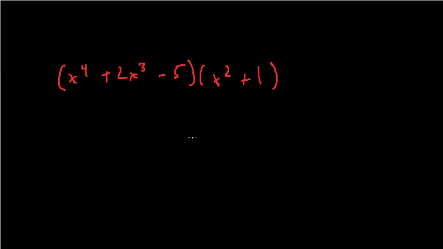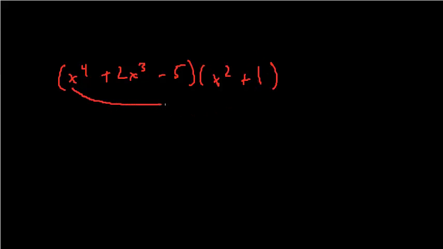Let's try another. This time let's take x to the fourth plus 2x cubed minus 5. And we're going to multiply that by x squared plus 1. Okay, it does not matter the order. I can still take each term here and multiply it by each term in the second parentheses.